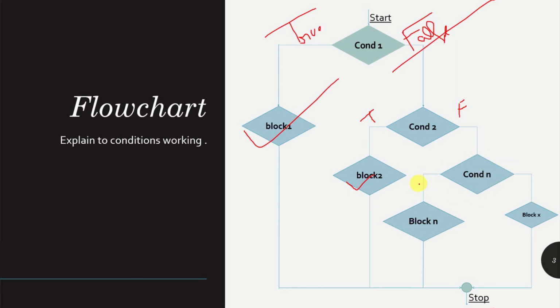If this condition is true, then it goes to block n, and if it is false, then it goes to the default statement of the program, executes it and stops, and prints the value on the output screen.